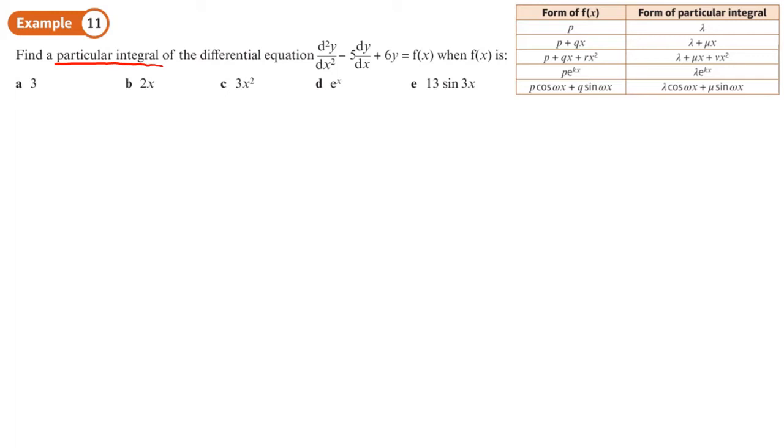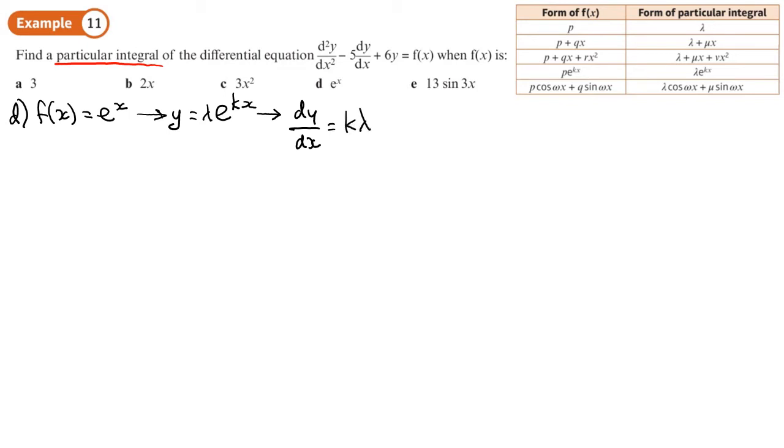Okay, so part D, we have f of x now is equal to e to the power x. So we look at our table until we've memorized it. So the form of the particular integral, we make y equal to that. So we just do y equals lambda e to the kx. So we find dy dx. So that will be k lambda e to the kx.